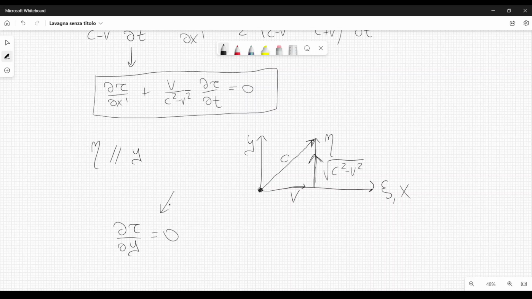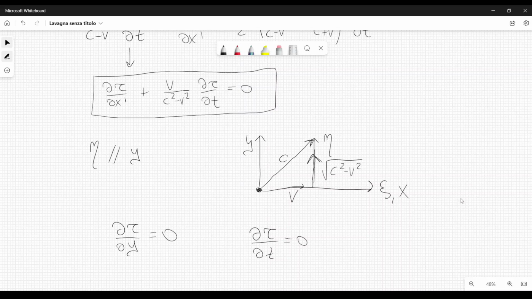In this case, it's easy to convince ourselves that the two points along the eta axis remain at the same distance. So this is the equation that you get. And similarly, we also get an equation of this kind, dτ/dz equal to 0, if you consider the z axis.